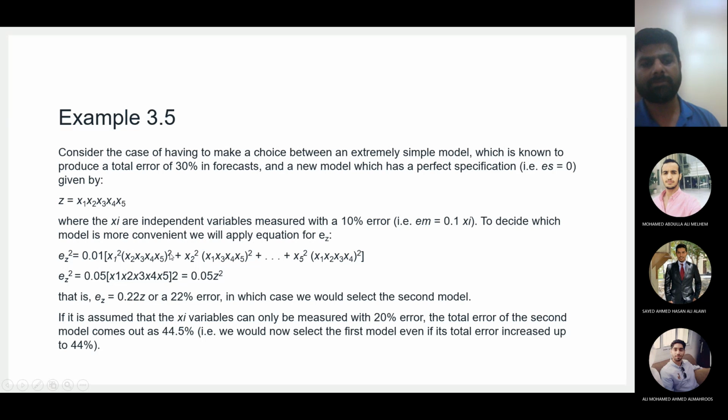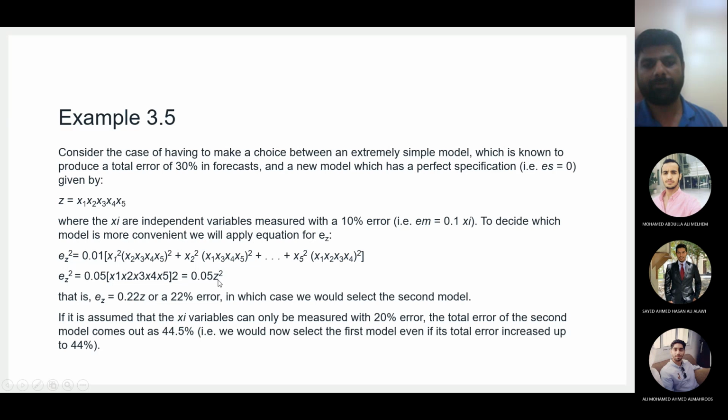See, the square is here. And x1 into x2 into x3 into x4 into x5 is equal to what? Equal to z. So I can combine all these terms because all of them have x1 into x2 into x3 into x4 into x5, and all of them are squared. So instead of writing them 5 times with a square, I can simply write z square.